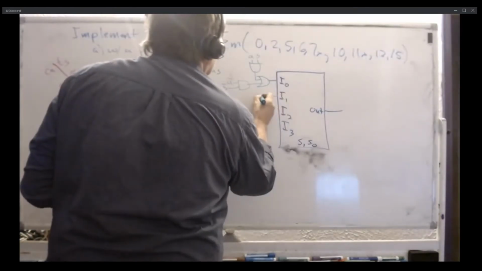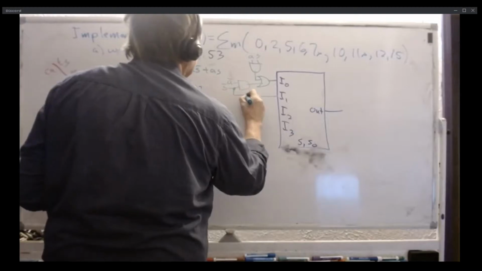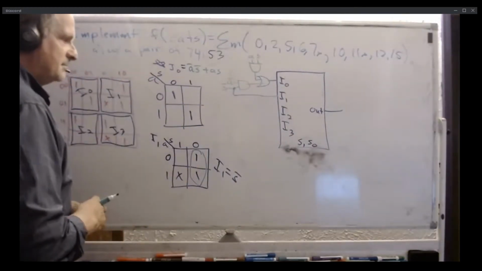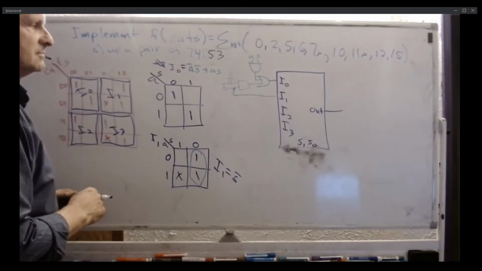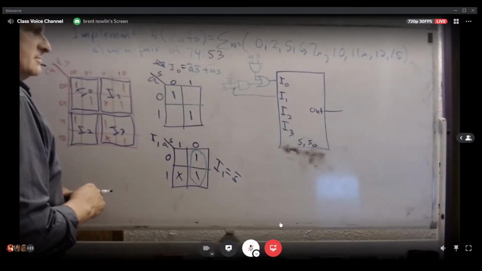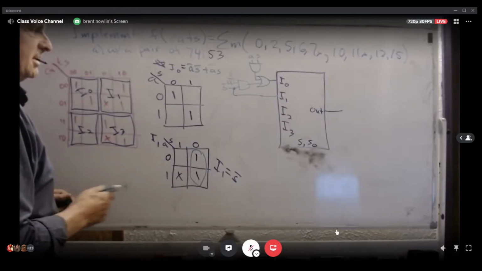So, guys, do you see that we're just going to do one of these numbers for I1? Do you see that, guys? Yeah, it's just the same story as before.